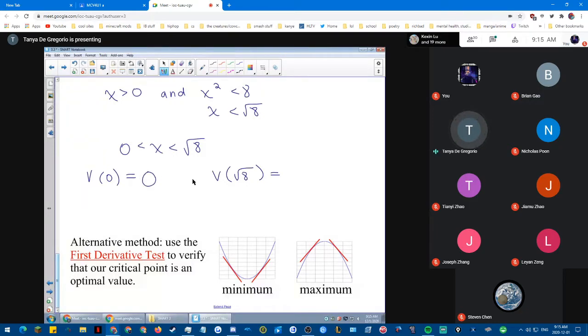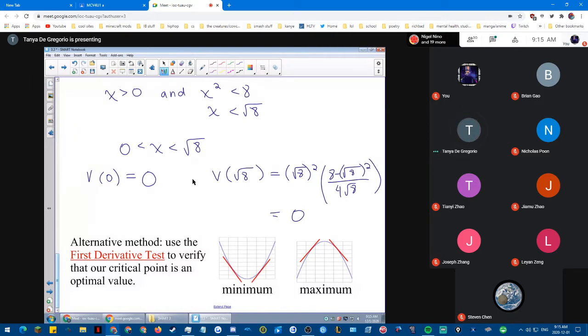V at 0 is 0, it's very easy to see. And over here, when we sub in, this also comes out to be 0. So again, did our endpoints affect our solution?